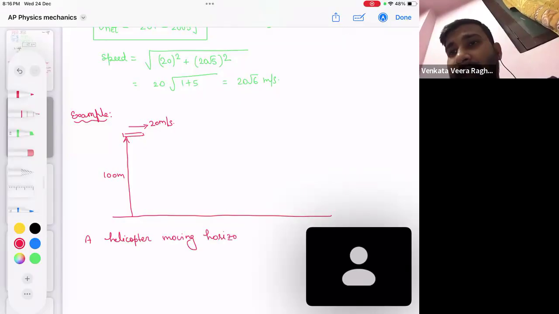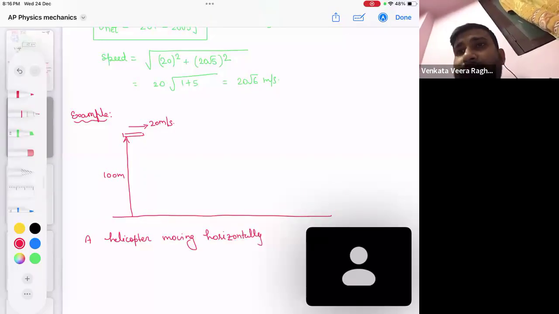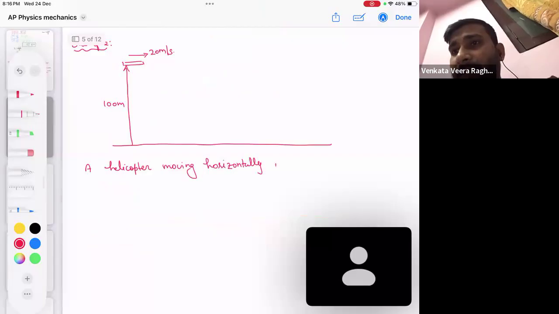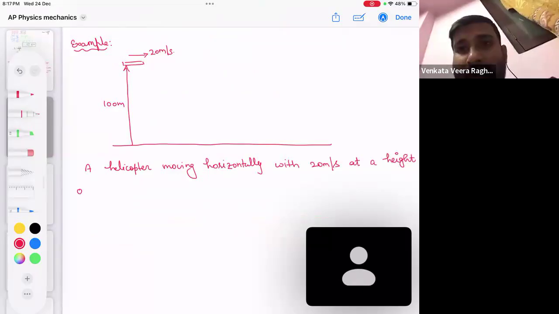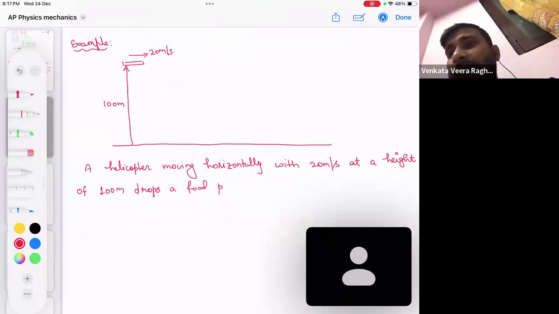It is moving horizontally with 20 meter per second at a height of 100 meter, and drops a food packet.